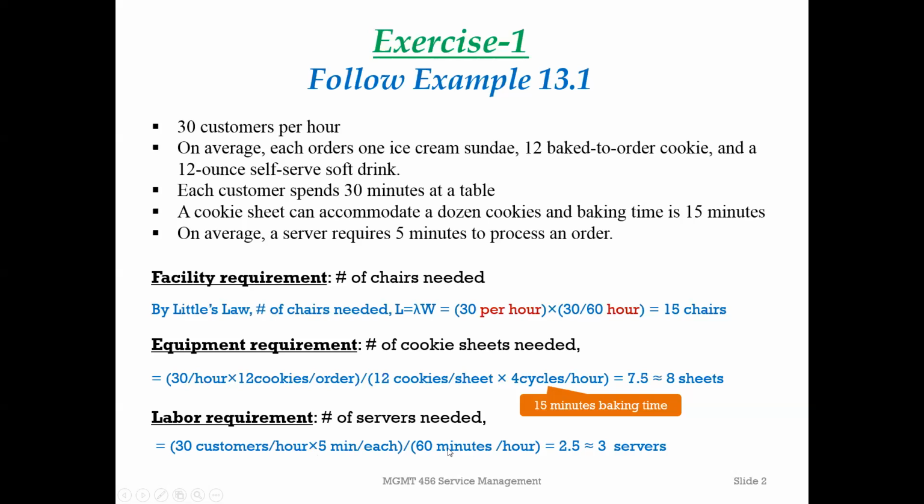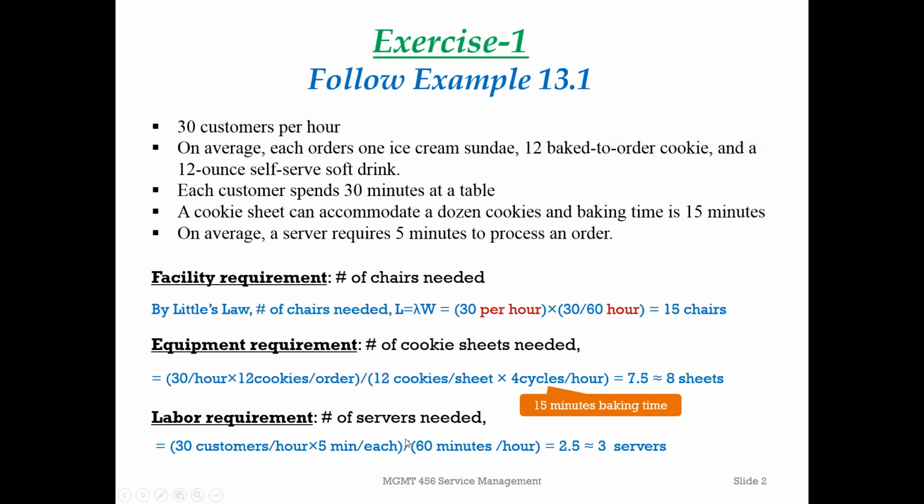The denominator is simply 60 minutes per hour. This is always 60 minutes per hour for similar questions. If we hire one person, this person can provide a maximum of 60 minutes of service time. Obviously, you cannot work more than 60 minutes per hour.